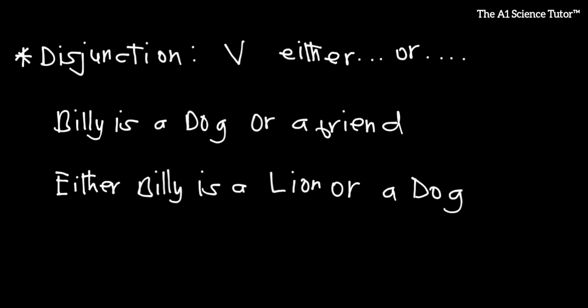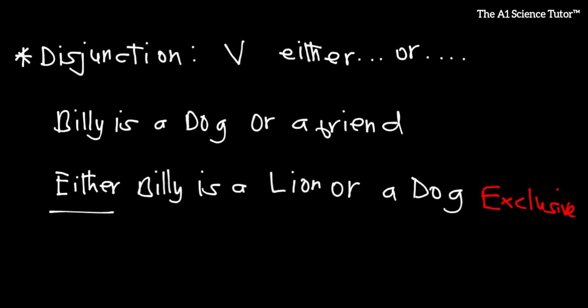And Billy cannot be a lion and a dog at the same time. So for you to say either Billy is a lion or a dog is completely okay, and this is more palatable. But we might not well say either Billy is a dog or a friend. This one is called an exclusive statement, because it cannot be those two things at once, right?